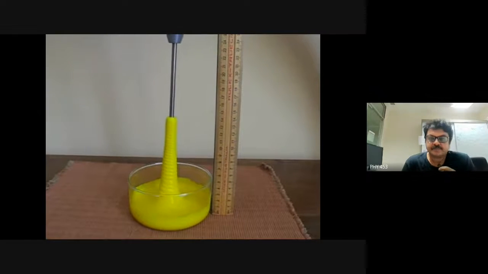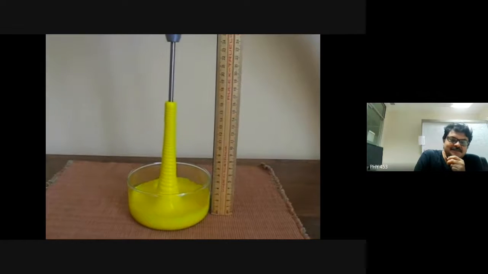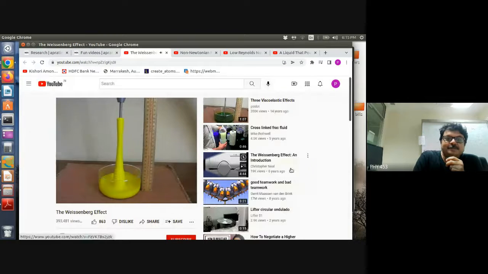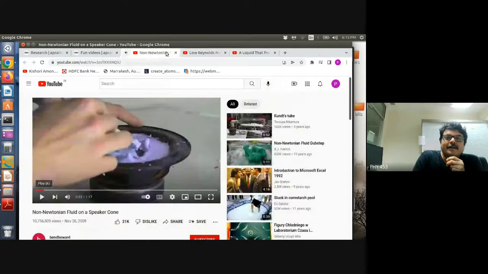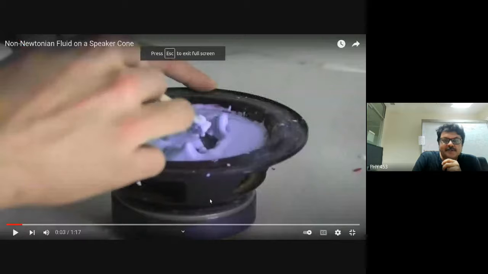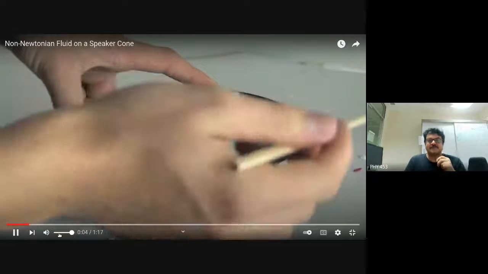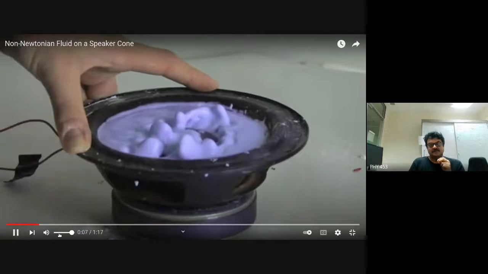I think this is pretty cool and funny, if you like. Here is some other non-Newtonian fluid which is being vibrated on a speaker. You can see how the non-Newtonian fluid behaves.